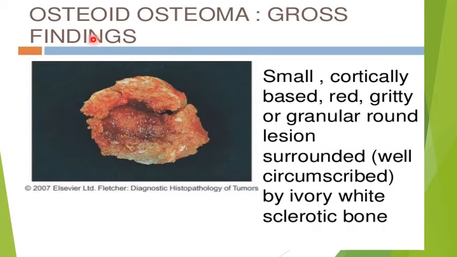Okay, now we talk about osteoid osteoma. Osteoid osteoma will try to form or simulate the bone. It will succeed to some degree, but it will not form fully mature bone as we saw in the compact osteoma.